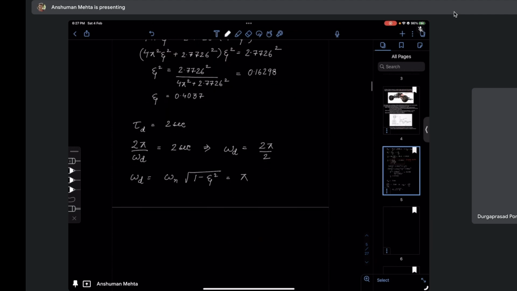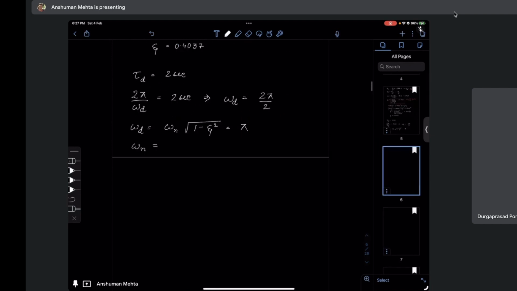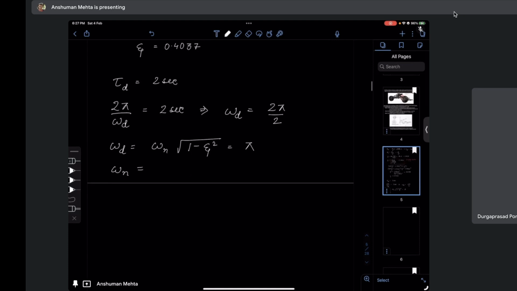This gives us omega n, because we know zeta as well as pi, which comes out to be, calculating again using calculator, 3.4338 radian per second. Okay, so we have found omega n.